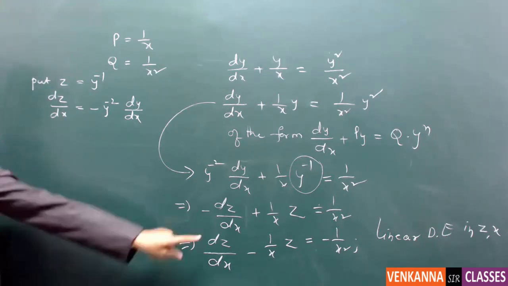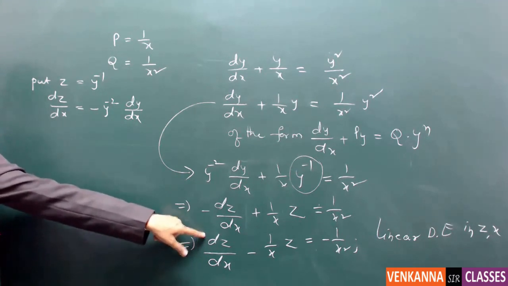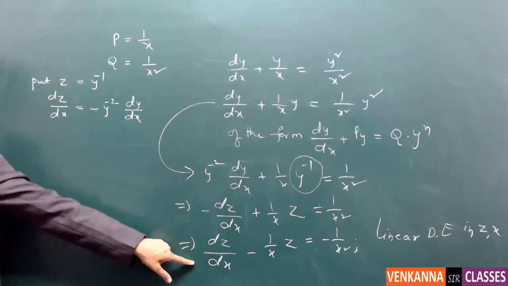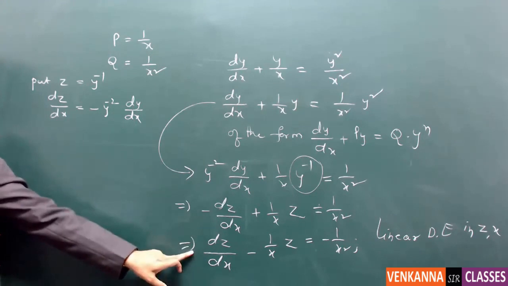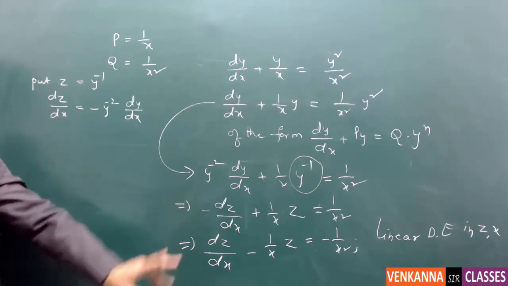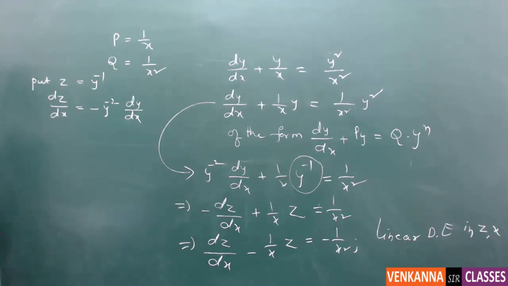So here, the dependent variable is z, the independent variable is x. So the independent variable is not going to change, we are just changing the dependent variable. Fine. Any other queries for anybody here at this step? How to convert into the linear form? How it is taken? To anyone?